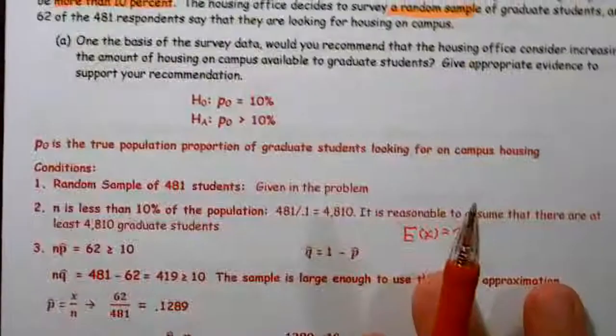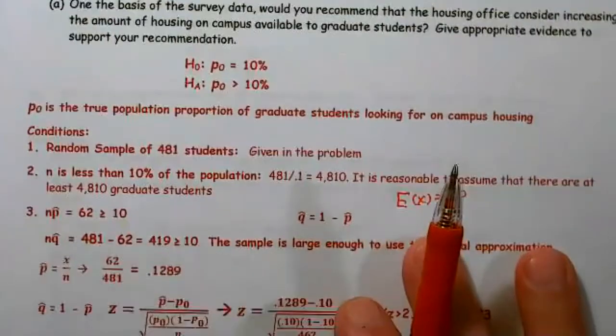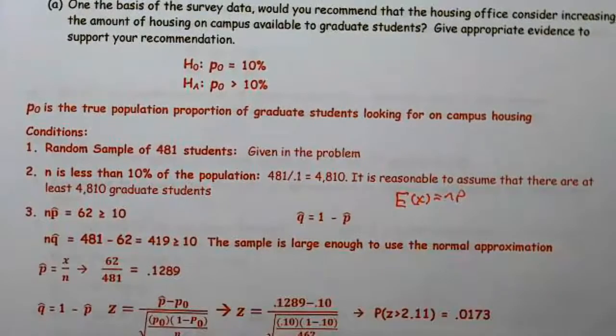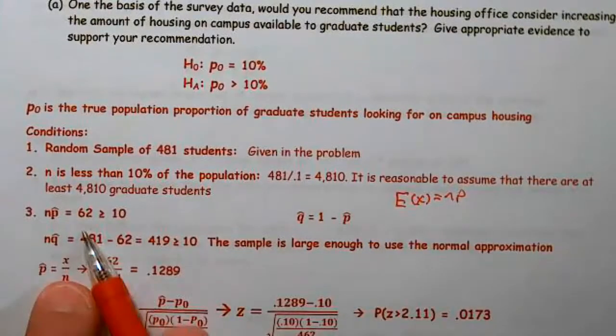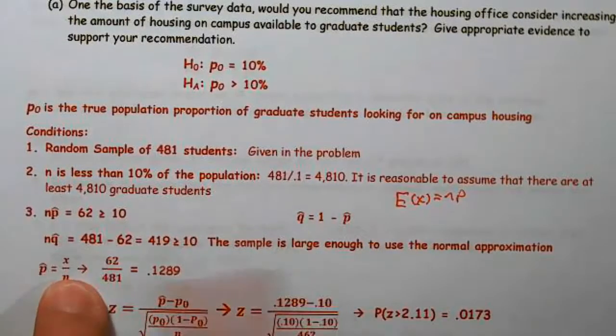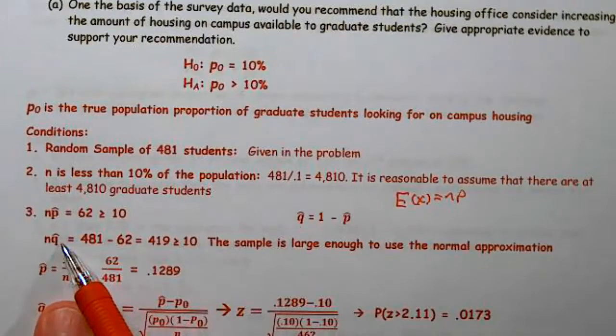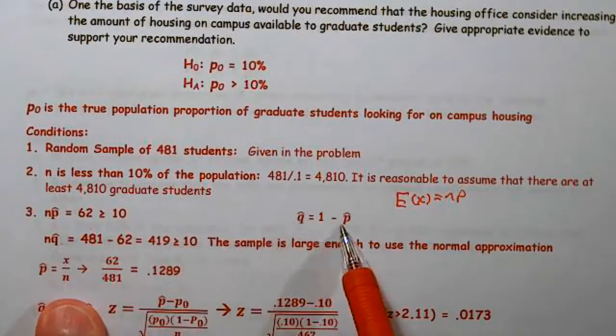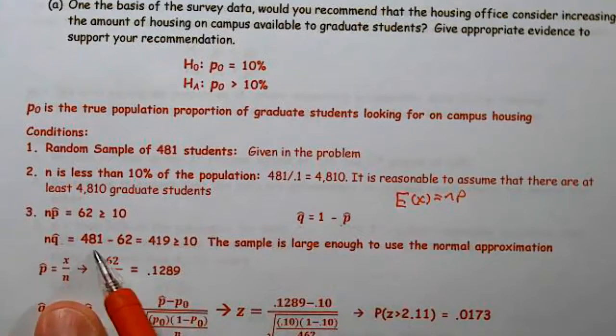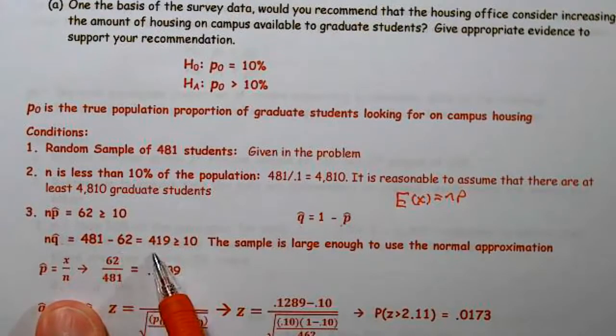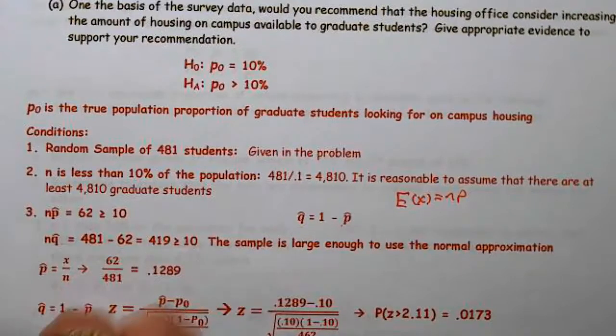So I know that we expect 62 because that's what we got. So that's NP. You can always use 1 minus P, but if you use Q, make sure you say what it is. So NQ is 481 minus 62, or 419. That's greater than 10, so both parts are satisfied. The sample is large enough to use the normal approximation.